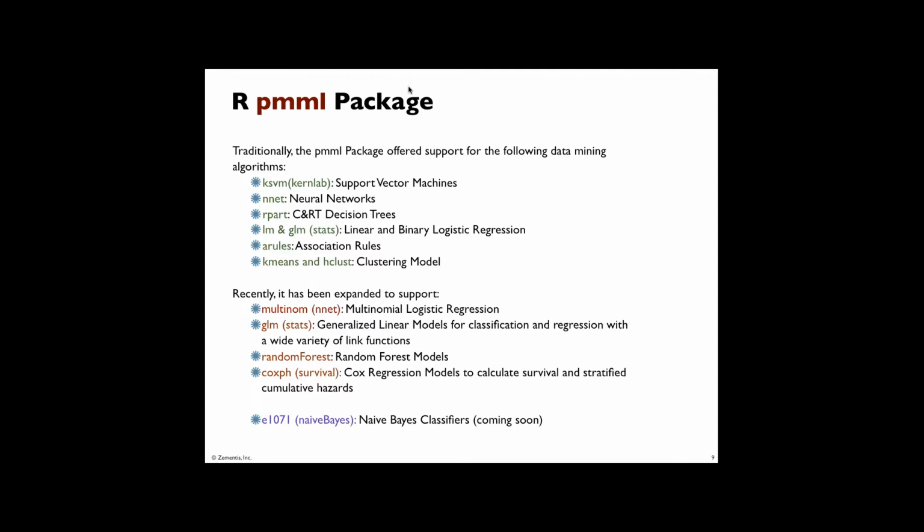Three quick points. The first is the naive Bayes models you see at the bottom. You can't do that in the present version of the PMML package, but it's ready and it'll be coming out with the next release.